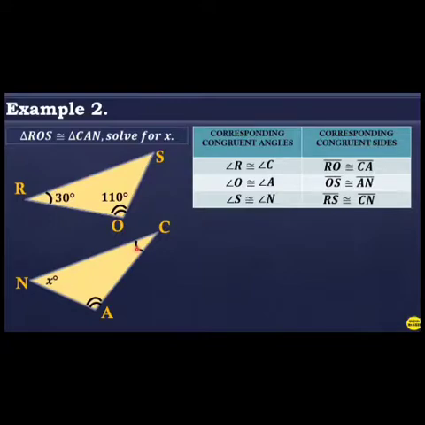But since it has a mark, even without a measure, a single mark means this angle is congruent to this one, so this is also 30 degrees. And since this one has the same marking, this is also 110 degrees.